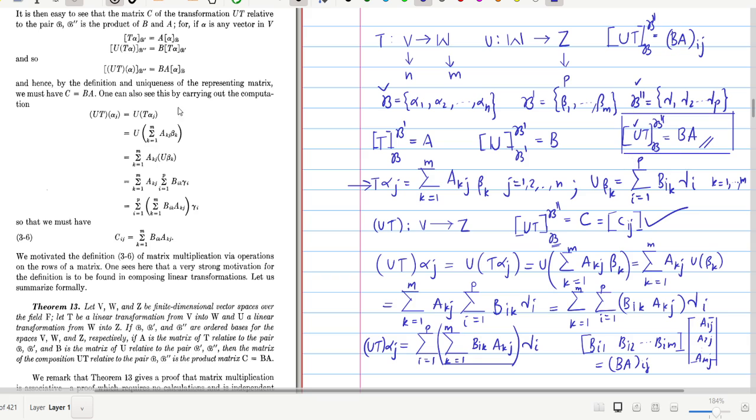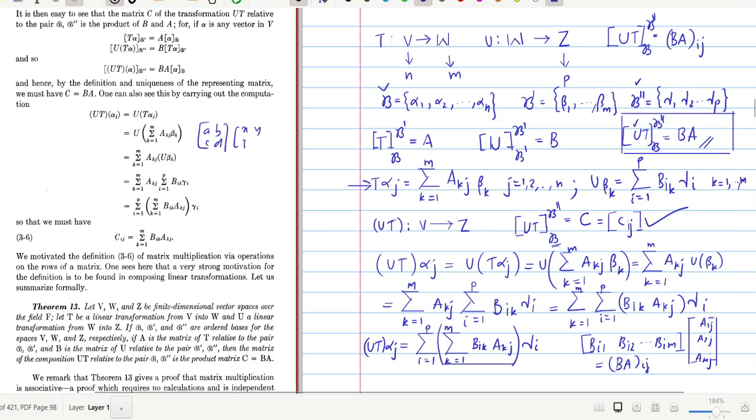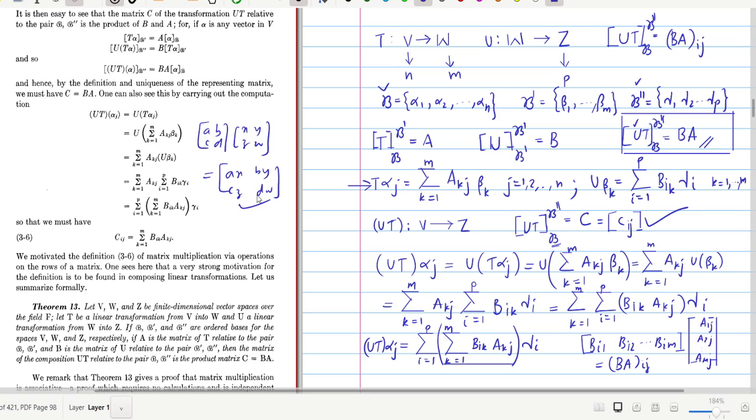Usually you could define a product of two matrices by multiplying the corresponding elements: A with X, B with Y, C with Z, D with W. This type of product also exists, but we are not using it from plus two onwards.